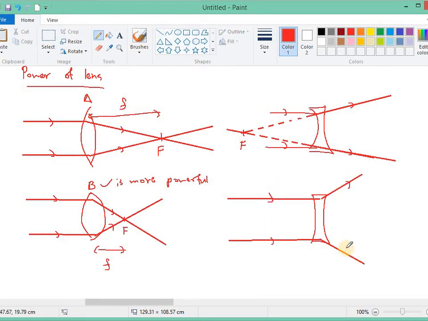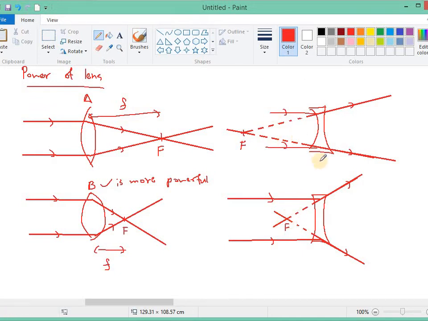Okay, light parallel come in. So it looks like the focal point is here, because it looks like the light comes from this point.